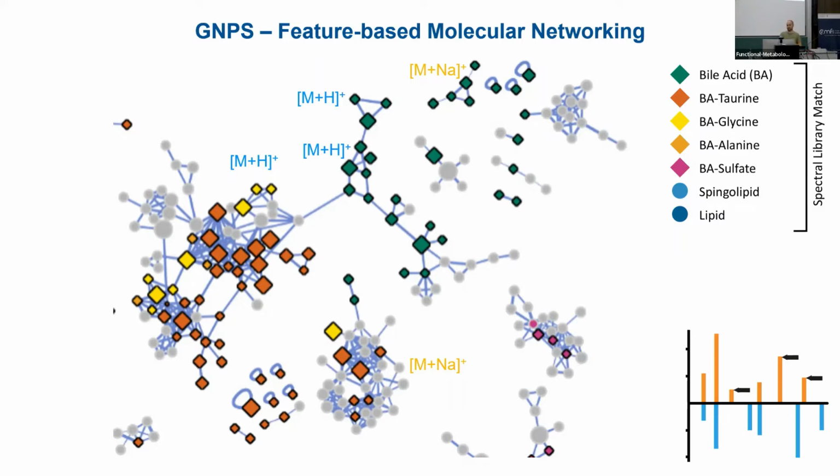And the disconnection of different adducts is one thing. Redundancy within the networks is something we see often, especially if your feature finding was not doing a perfect job. So you may get split features, right? If you have spiky data, you don't do smoothing, and your deconvolution tears apart features, then obviously you will get multiple nodes in this network. Now, are these individual molecules?